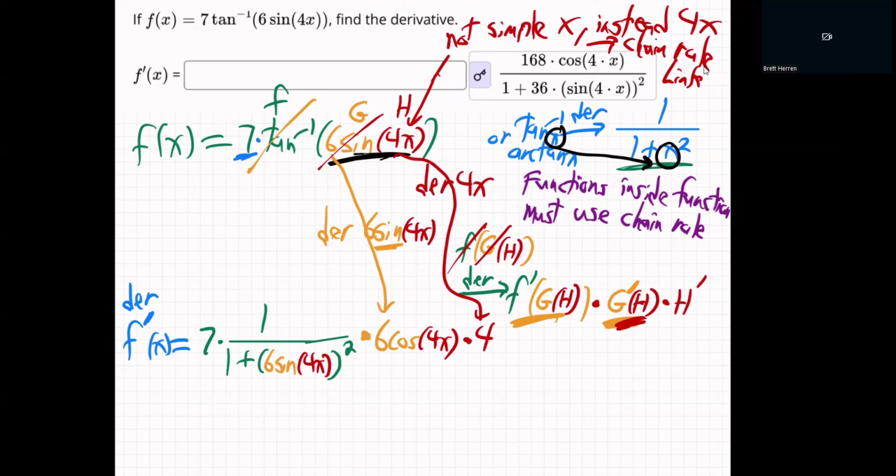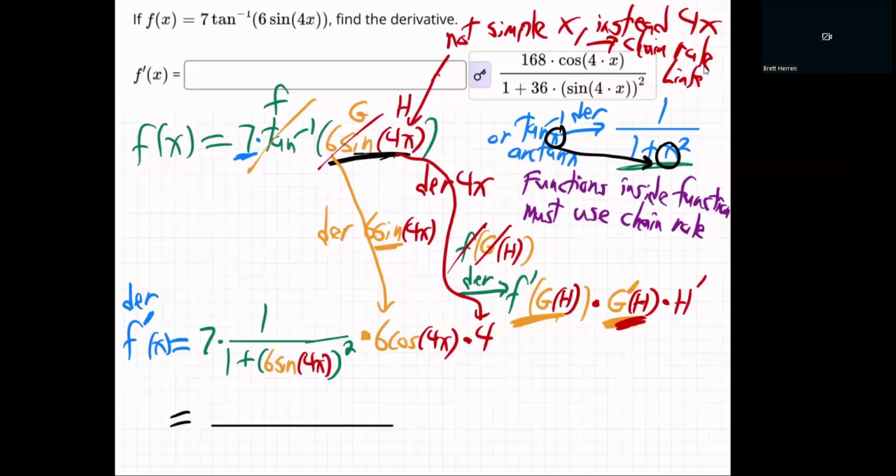Now, honestly, you could just type that in. It'll take it. I'll clean it up a little bit if it's helpful to you, just to show you how they got the exact answer they got. So here we go for a little bit of cleanup. The bottom is pretty much as is, nothing really going on there. 1 plus 6 sine 4x squared.